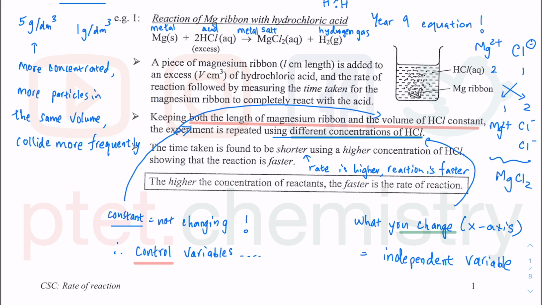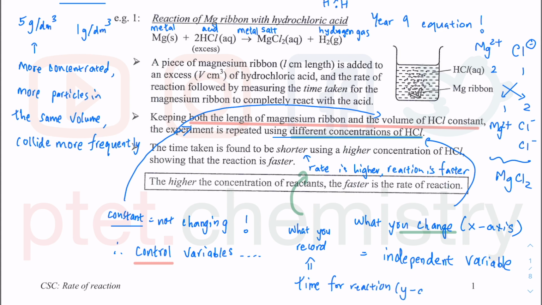I've got to focus on this thing here now. So what is changing? What you change is what you vary, and what you record is different. What you change was the independent variable. What you record is basically the time for the reaction. The time for the reaction, this is what you record.